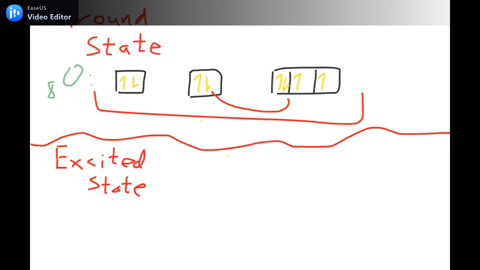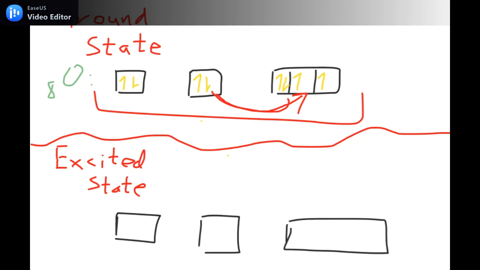So one electron is transferred from here to there. And the excited state configuration will therefore be: 2s will have only one electron, and 2p will have 5 electrons now.